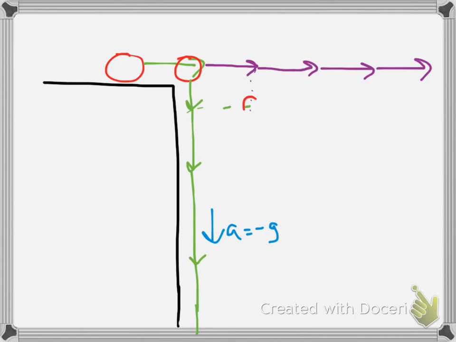So in that first second, it appears right here. In the second second, it would appear right here. Okay, I'm switching back and forth between colors, so give me a second. So there we go. In the third second, it would appear right here.